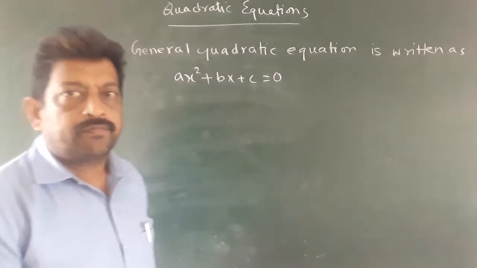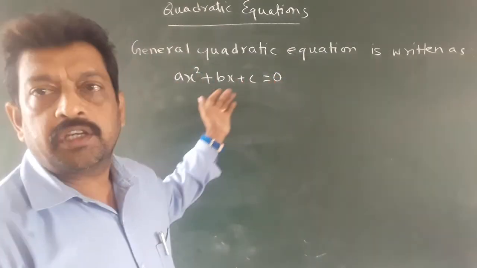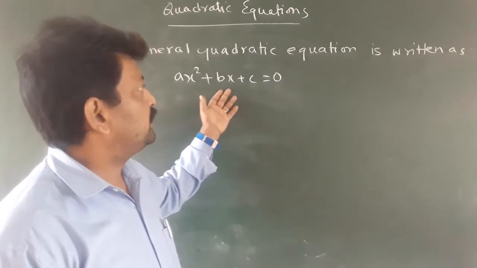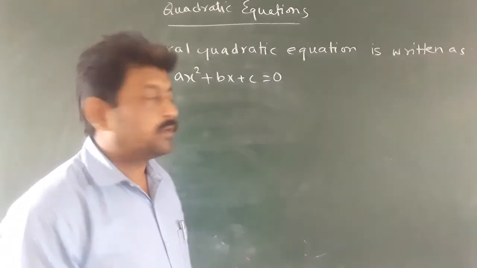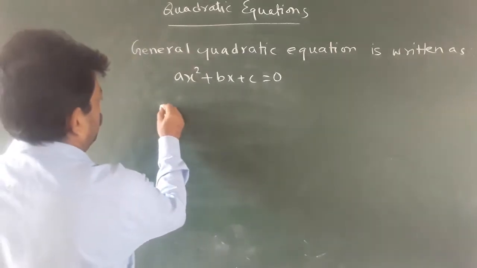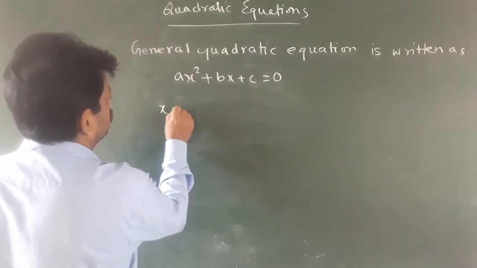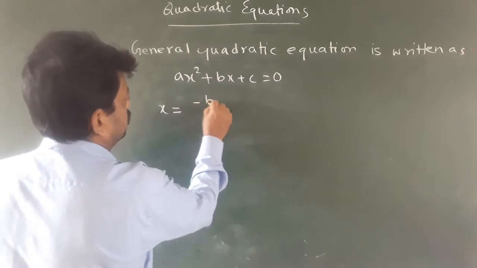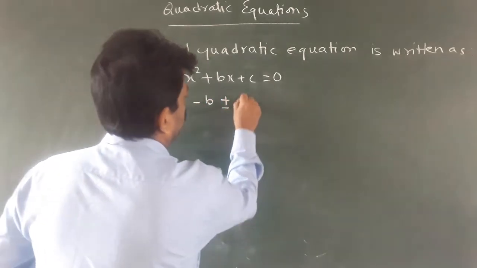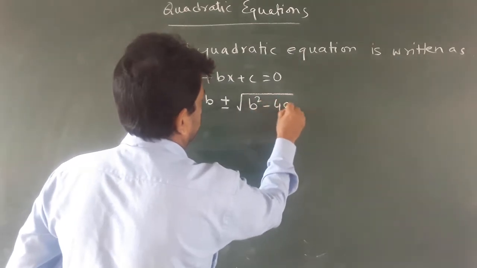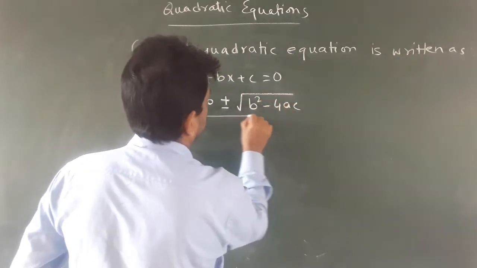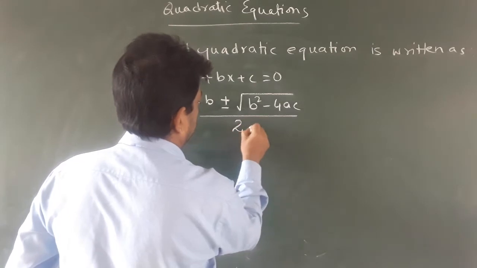You all know this. The general form of quadratic equation is ax square plus bx plus c equals to 0. And the quadratic equation formula is x equals to minus b plus minus root over b square minus 4ac by 2a.